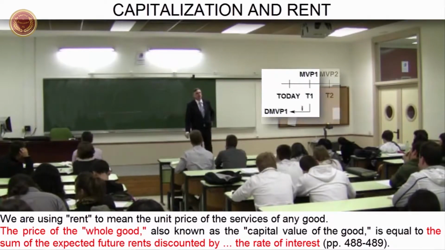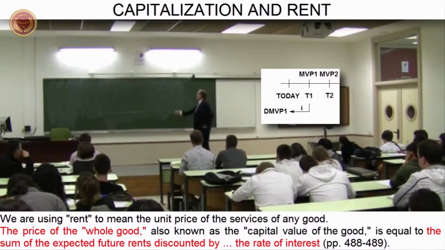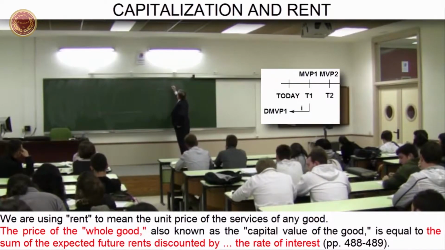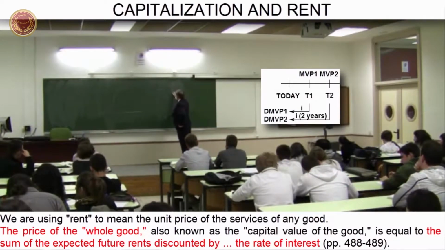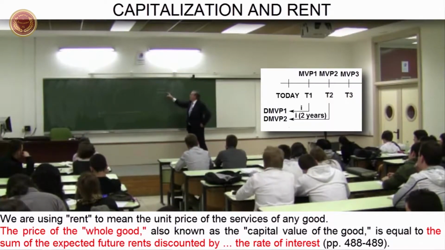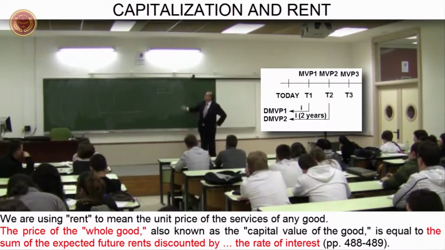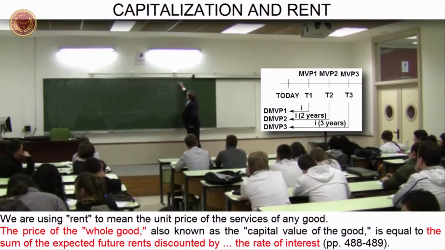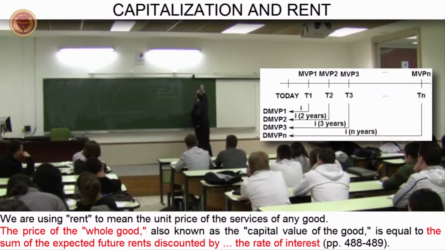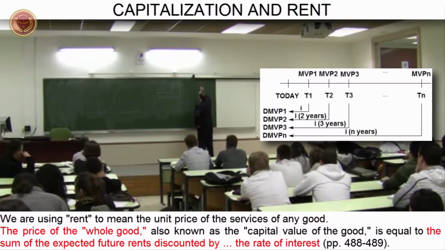The second year, period T2, the good provides another value. Now we can discount at source by the interest rate 2 years of value. The third year, the good provides yet another value, V3. Now we can discount at source 1, 2, 3 years, and so on, until we discount at source the value in period Tn, however long the good lasts.